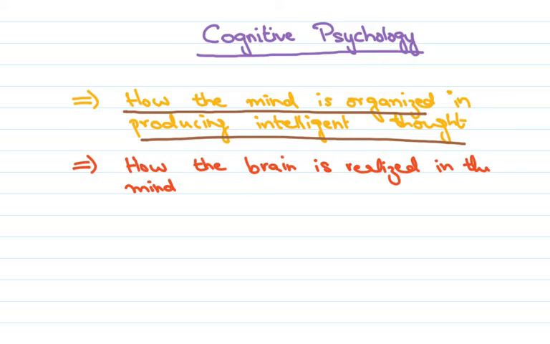The brain is the physical structure that we have. So we're looking at the organization of mental activity here, our thought processes, and we'll see a lot of that as we go along. And we're looking at this organization in the context of producing intelligent thought.